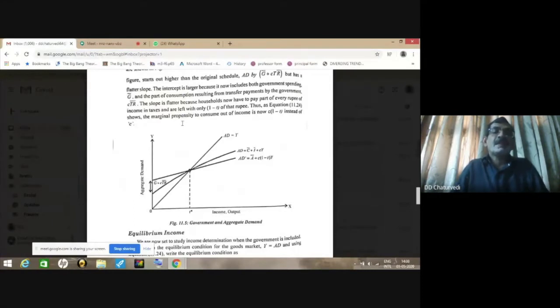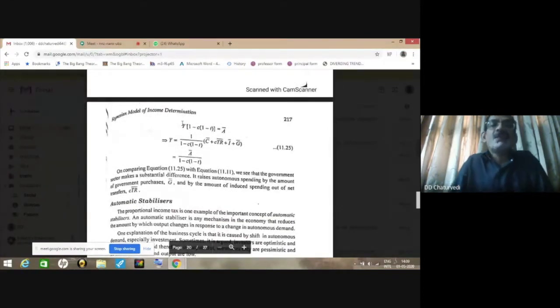So the effective marginal propensity to consume declines, reducing the slope of the new aggregate demand curve AD dash in figure 11.5. When we discuss aggregate demand, aggregate supply by including the government sector, we are also showing taxes and transfers.